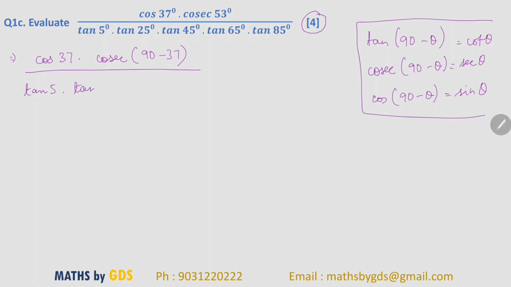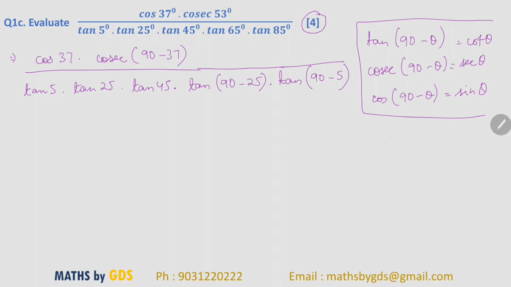Tan 25 will be written as it is into tan 45. Now the thing that we have to notice is that tan of 65 degrees can be written as 90 minus 25. Alright, and tan of 85 degrees can be written as 90 minus 5 degrees.